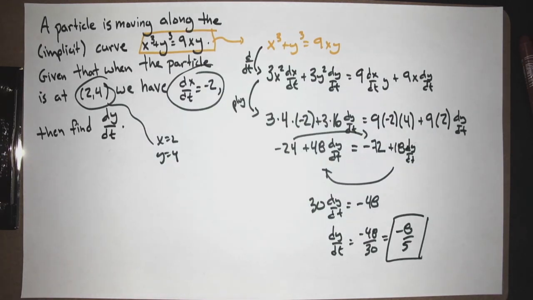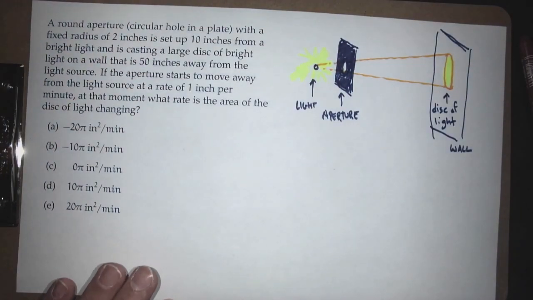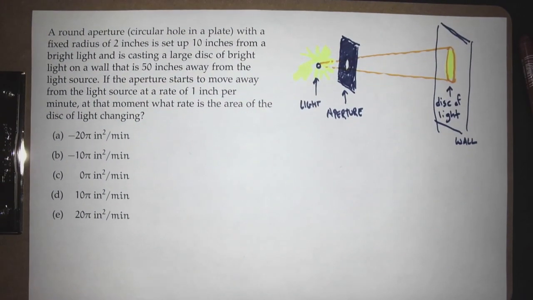So we didn't leave much time for your multiple choice, but here's a problem. A round aperture, a circular hole in a plate with a fixed radius of 2 inches.